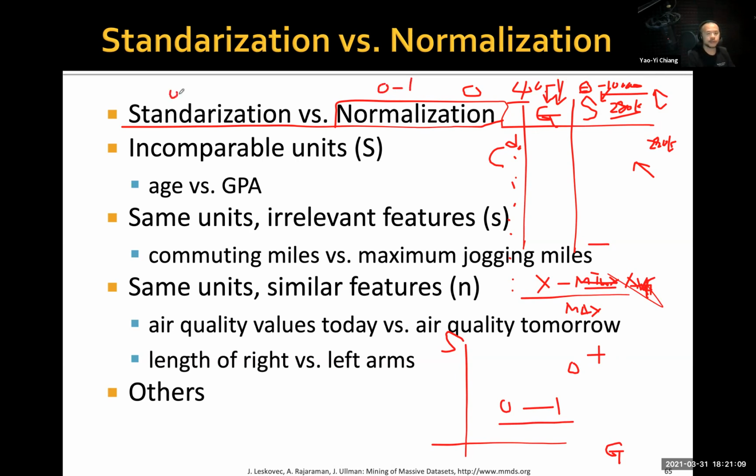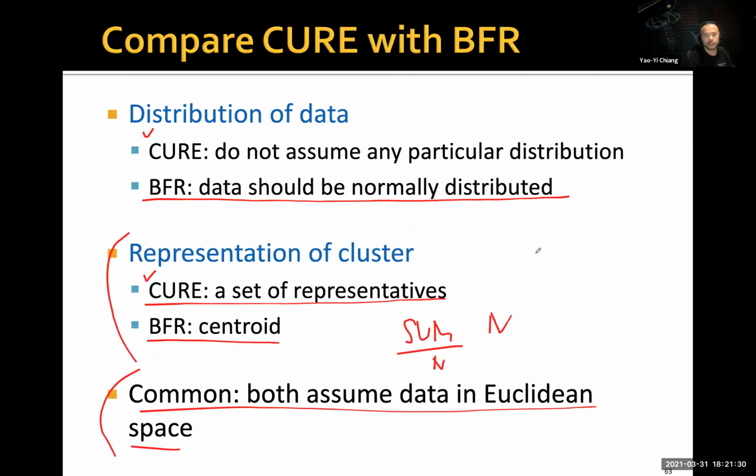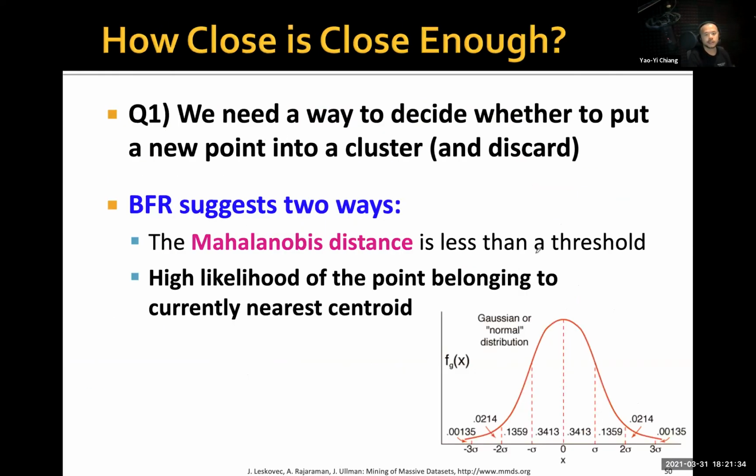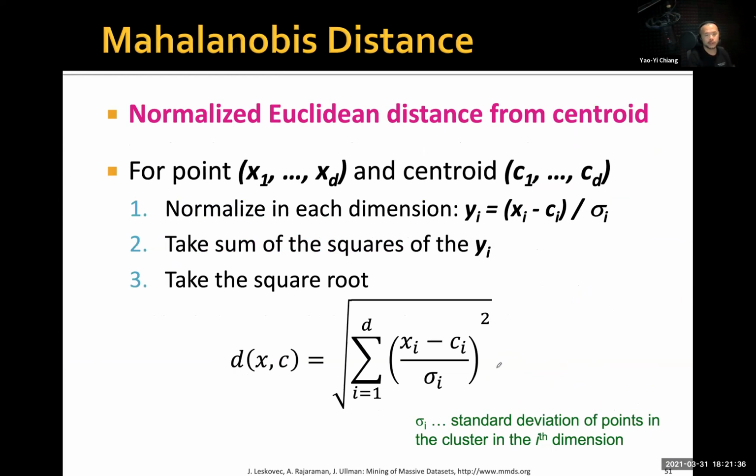Standardization is doing similar things as well, but when you normalize it, one extra step for standardization is you want to divide your data set by the standard deviation in this column. Okay, so that's very similar to what we have been talking about in, let me find it here, your Mahalanobis distance, right?